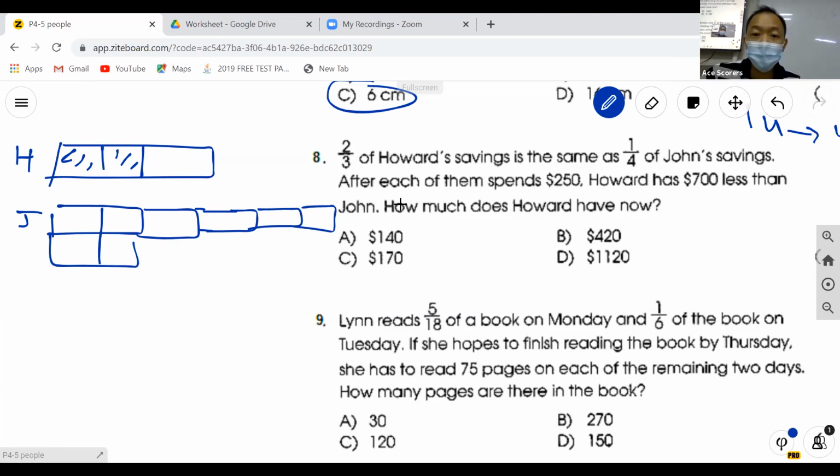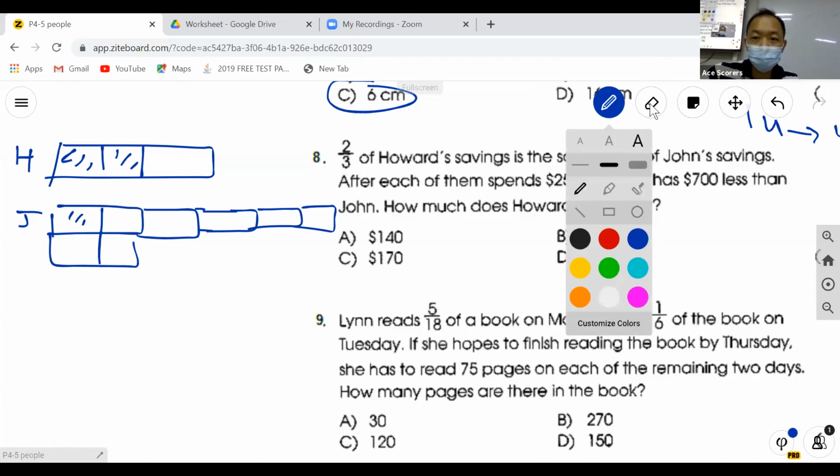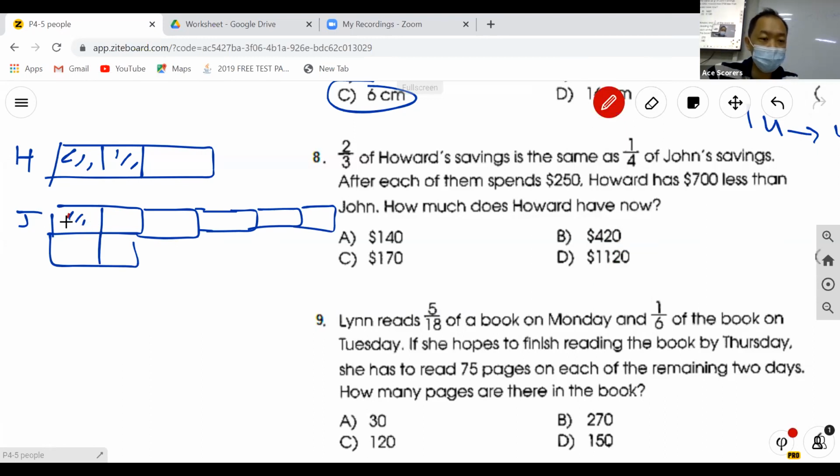Okay, wait. So after each of them spends 250, Howard has 700 less than John. Each of them spends 250. What this means is two of this is equal to 2 of this.